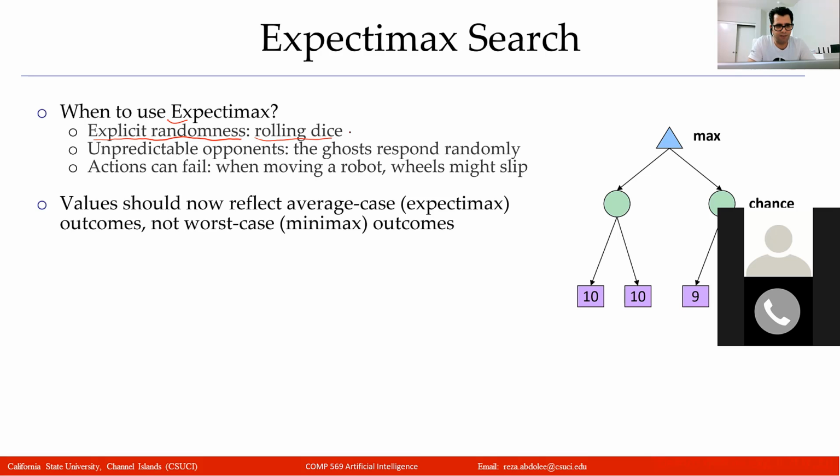Therefore, we cannot have a model that says with 100% accuracy this is going to happen. There is always error in the process. That's the reason expectimax is a better choice than minimax in real world situations.